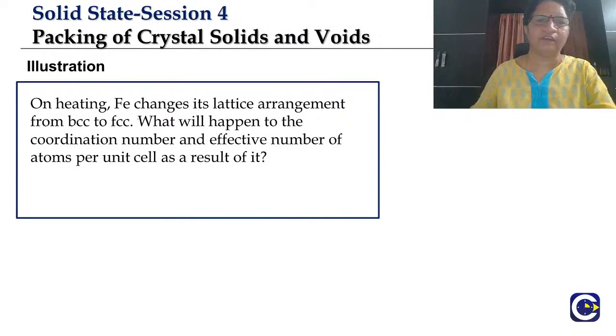Okay, on heating, iron changes its lattice arrangement from BCC to FCC. BCC was the coordination number, and what's the coordination number for FCC?